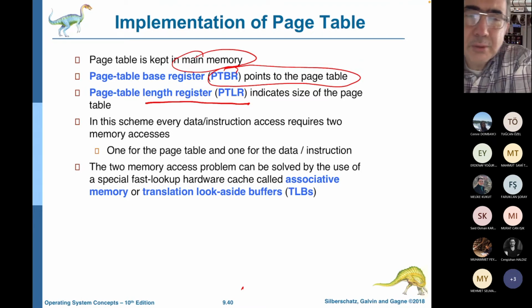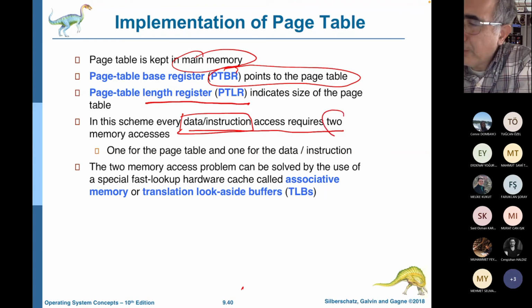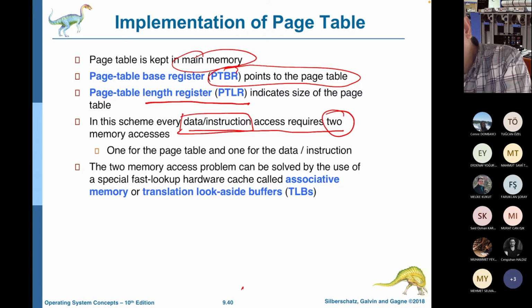But if we store the page table in memory, even in a fixed location, every data or instruction access requires 2 memory accesses. One to find the location in memory. So the memory slowdown will be twice.